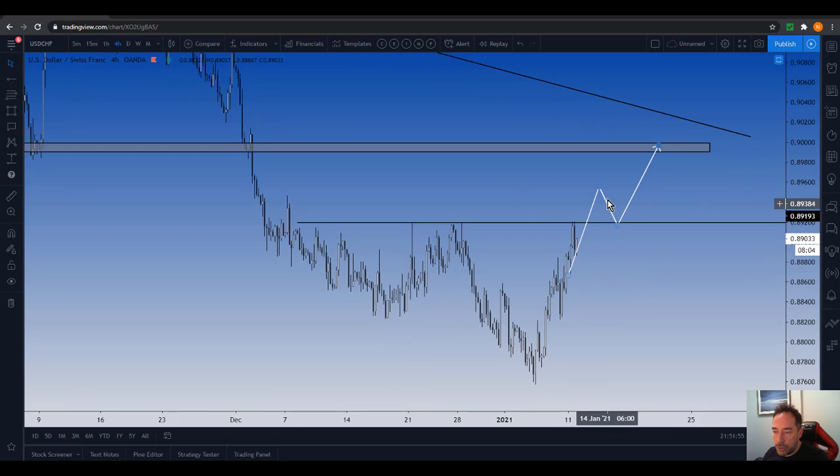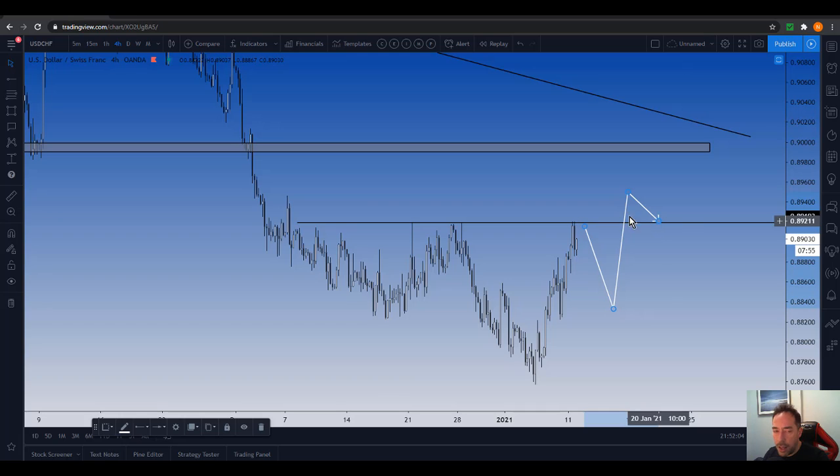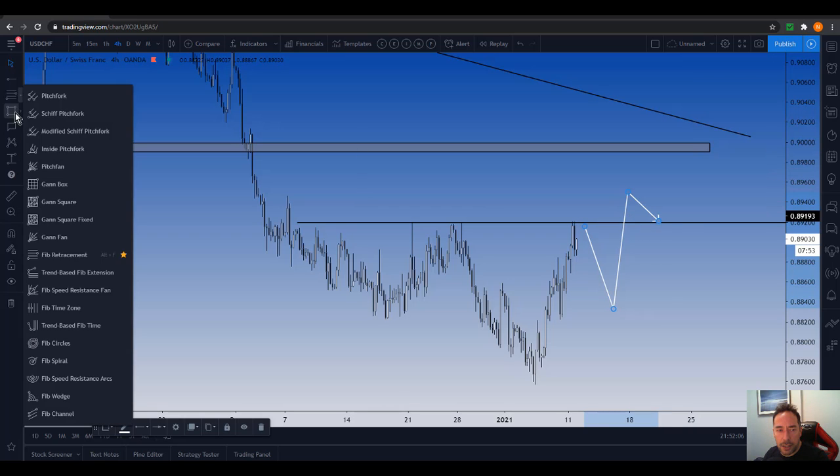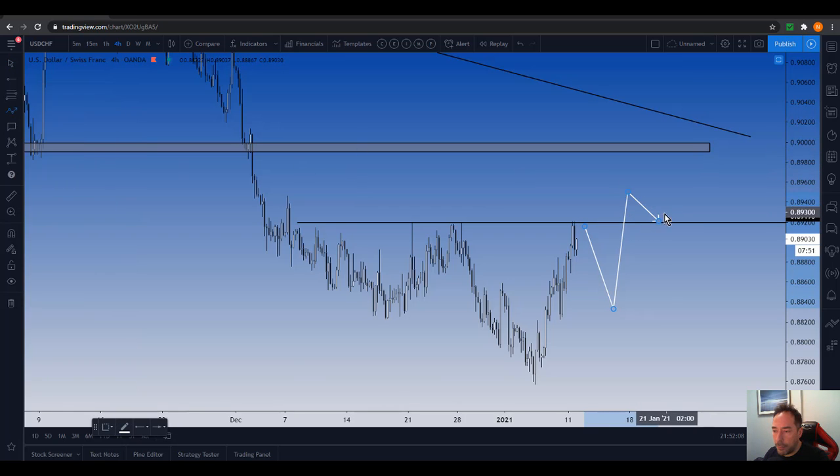But what potentially could happen is an inverse head and shoulders, so something like that. Yeah. So, in fact, if I draw it in properly, left shoulder there, head, right shoulder.